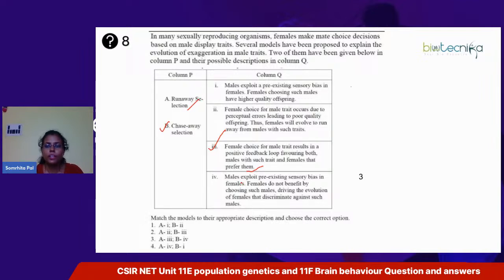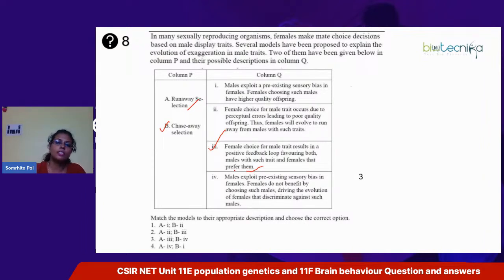So what will happen is the females will start developing resistance or less attraction for these preferred traits. Instead of preferring these enhanced male traits, they will start disliking them. They will feel less attracted towards these male traits.